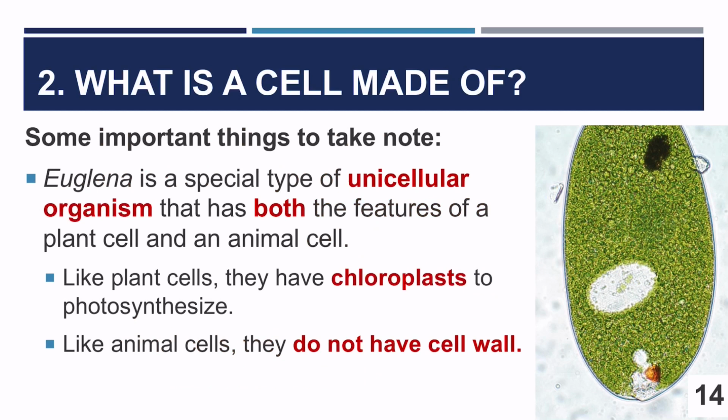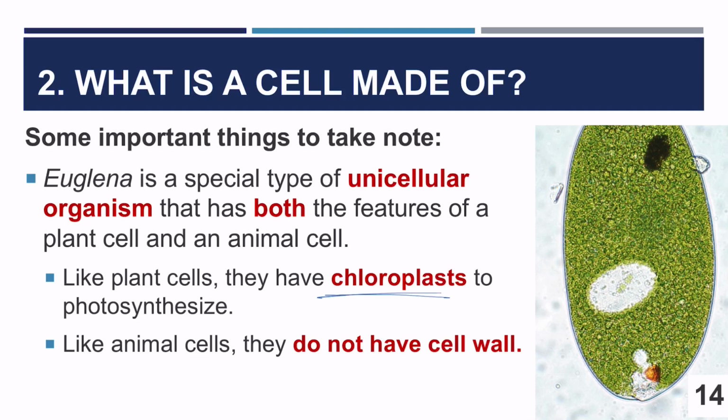Some other things to take note of, there are actually interesting unicellular organisms that have both features of a plant cell and an animal cell, which means that they are somehow like a plant cell, but they are also like an animal cell. For instance, for this particular organism that you see over here, it actually behaves like a plant cell whereby it has chloroplast.